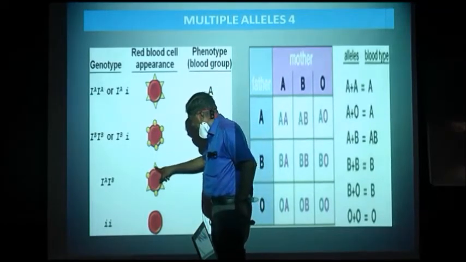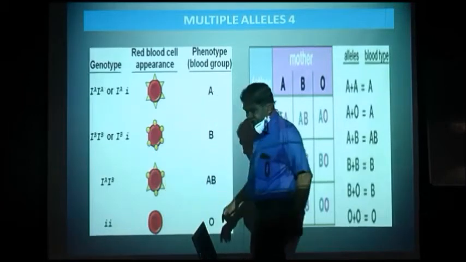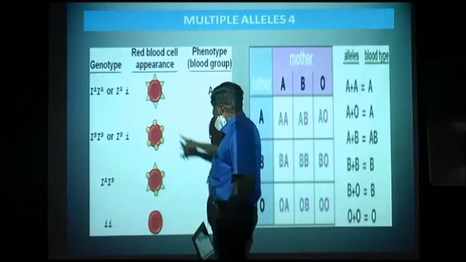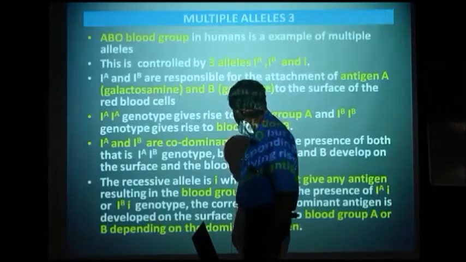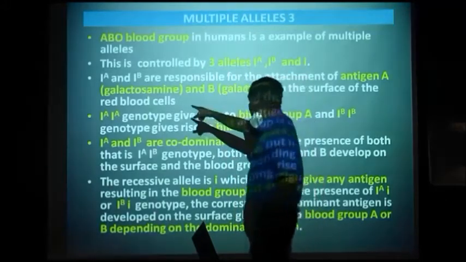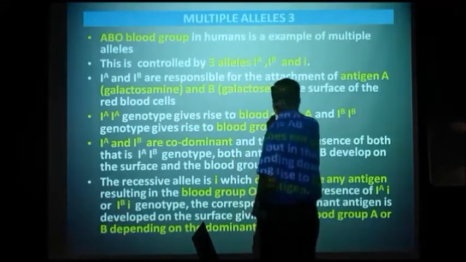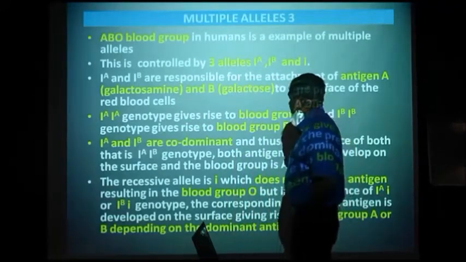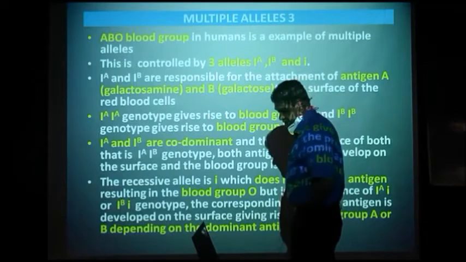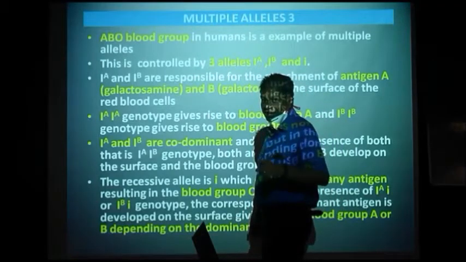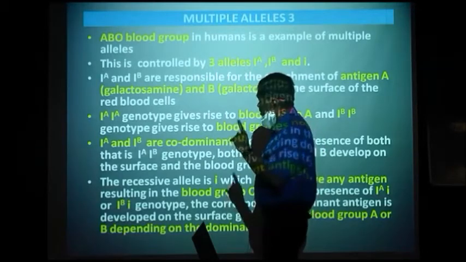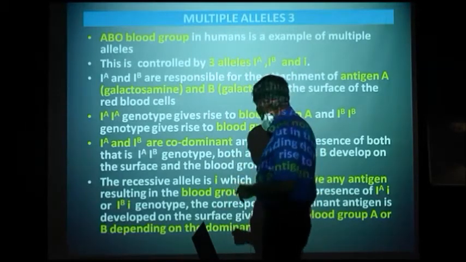These triangular and circular things are galactosamine and galactose, that is antigen A and antigen B. So antigen A is galactosamine and antigen B is galactose.